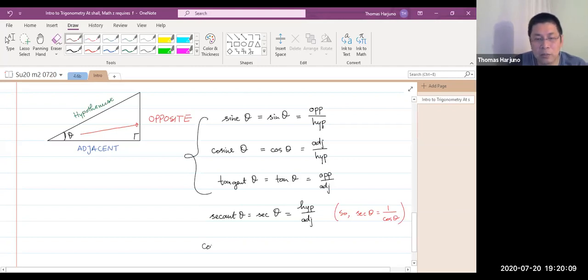Cosecant theta, denoted by csc theta, is the reciprocal of sine, which is hypotenuse over opposite.